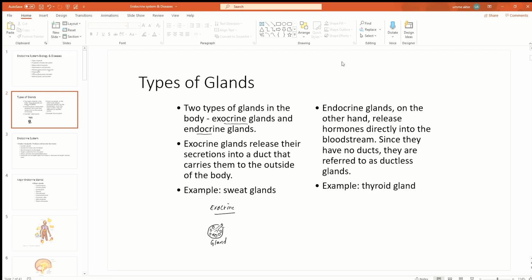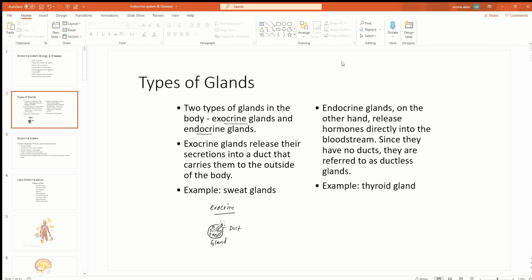So this is the duct or tube, and these are the cells, and these cells secrete the chemical into the duct, and the duct then releases the chemical to the outside, just outside of the gland. So it works locally, okay, just around the gland.